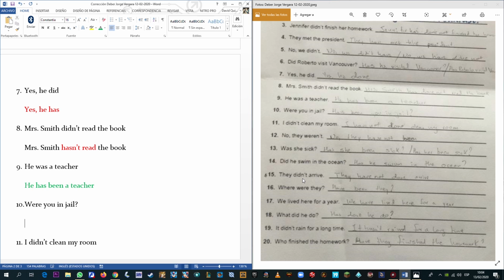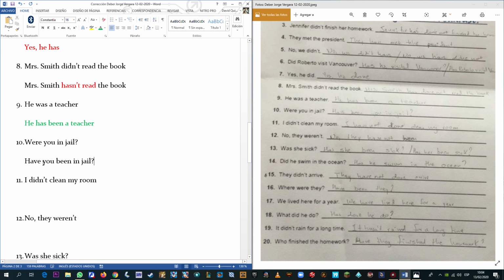In this case, you goes after have, not after been. That's the correct. So have you been in jail? That would be the correct one. So the mistake is right here in the order of the subject and the main verb.